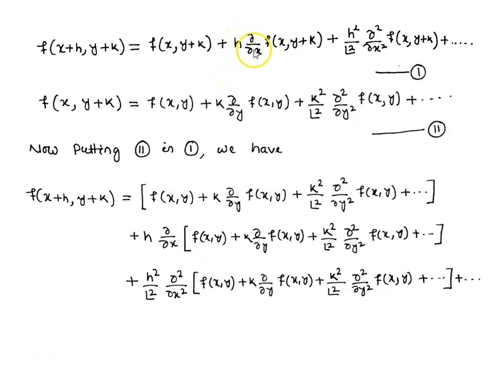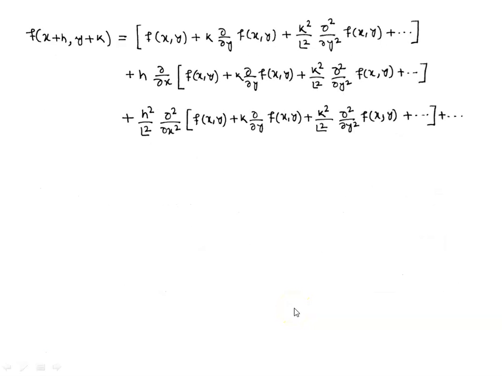Here we have h del by del x in the equation 1 into f(x, y+k). So we have replaced f(x, y+k) by equation 2. So we have this inside the second bracket. Similarly, in the third term, we have replaced f(x, y+k). So we have with us this expression for f(x+h, y+k).